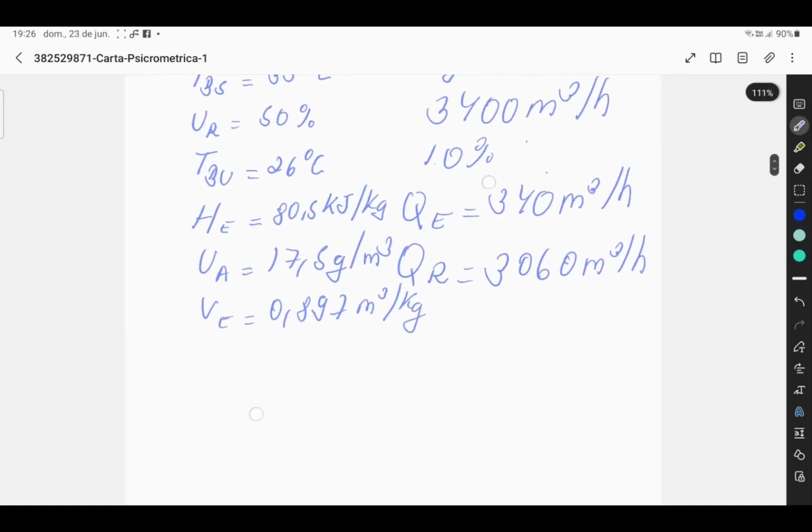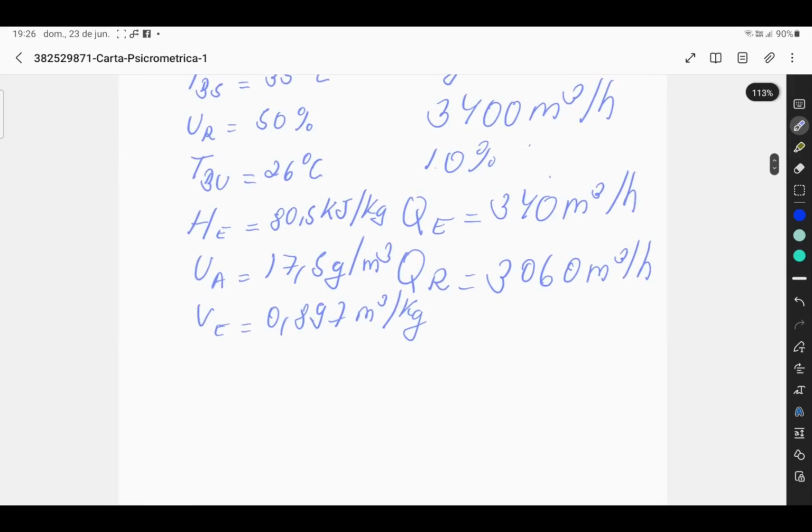And also, since I have this, I can find my mass flow rate. My mass flow rate will be 340 cubic meters per hour divided by 0.897 cubic meters per kilogram, in kilograms per hour.